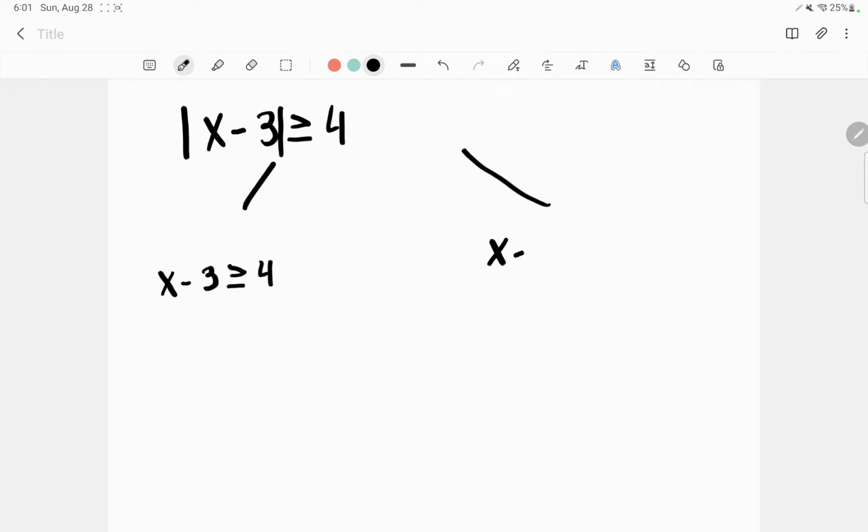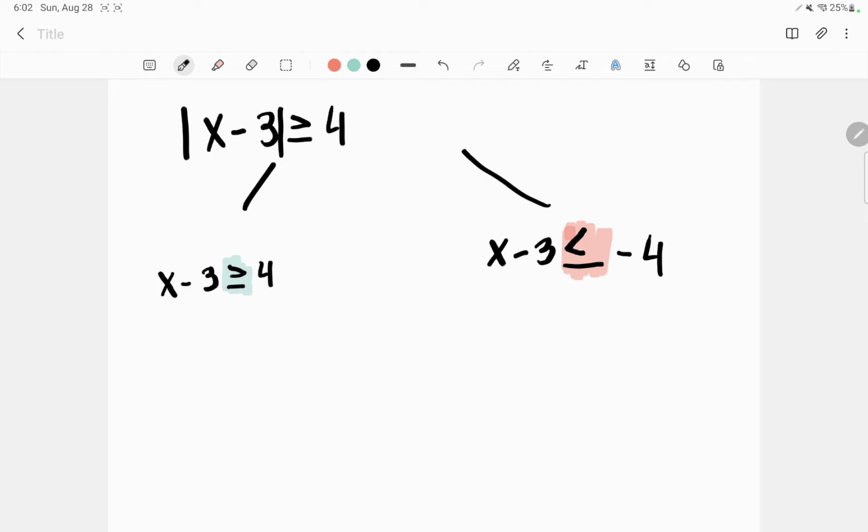It's going to be x minus 3, and because we're dealing with inequalities, I'm going to flip the sign, so it's less than or equal to instead of greater than. We also have to change the number to negative 4.